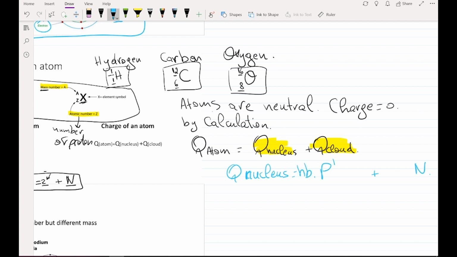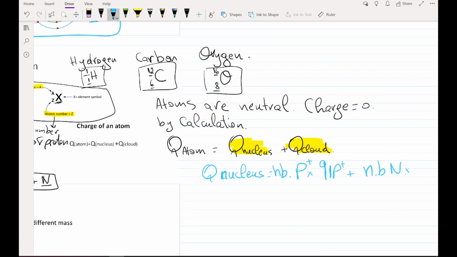So هي number of protons times charge of one proton، وهي number of neutrons times charge of neutron. Charge of neutrons is equal to 0.